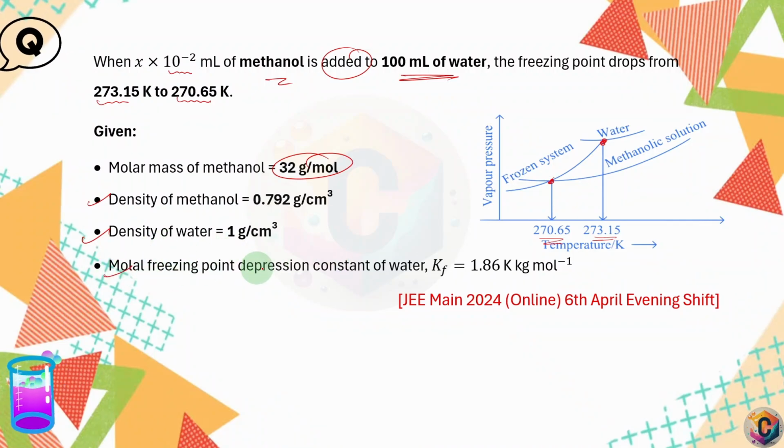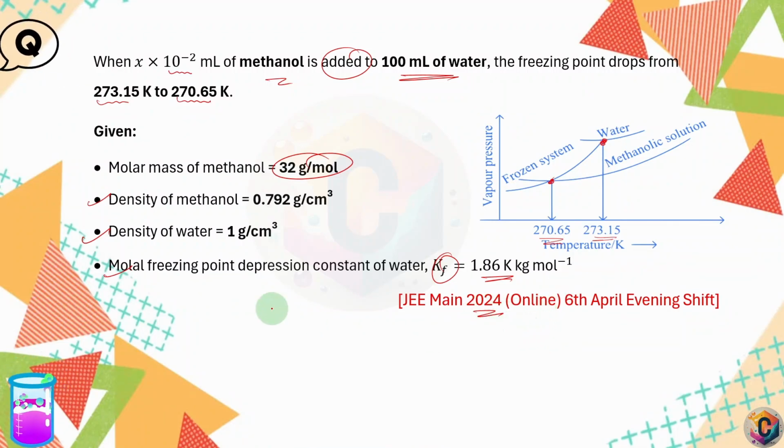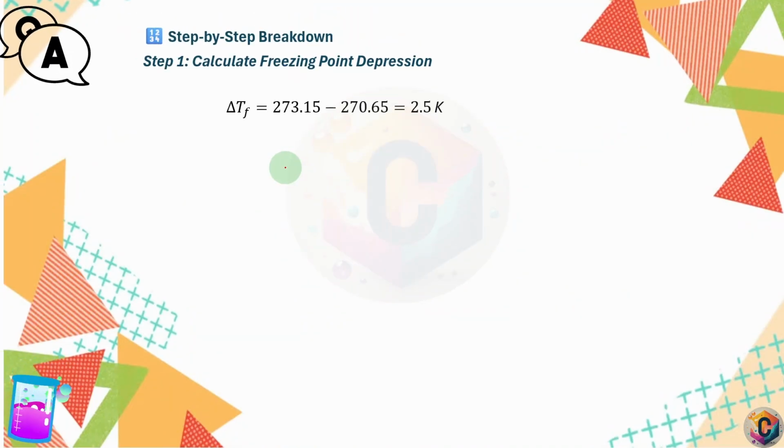The molar freezing point depression constant for water is given in the question: Kf is equal to 1.86 Kelvin kilogram per mole. This question was asked in JEE mains. The value has to be expressed in terms of 10 power minus 2. Keep that in mind.